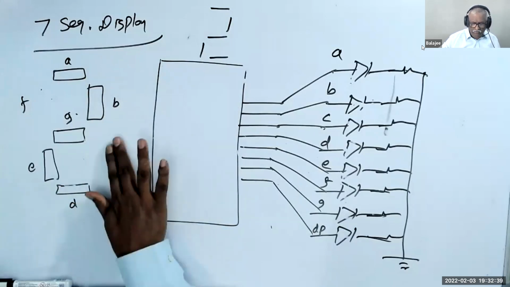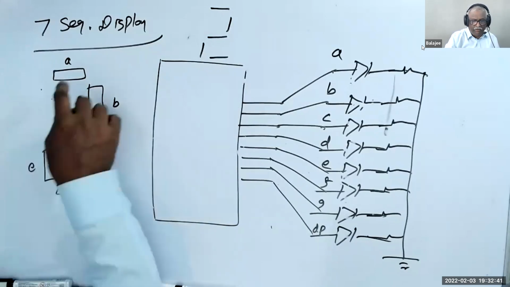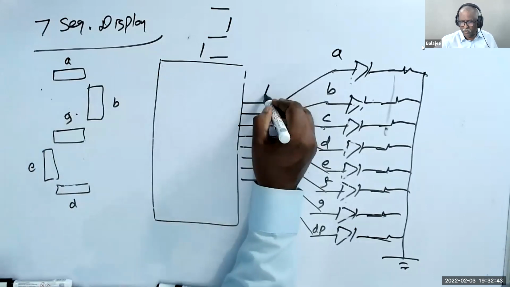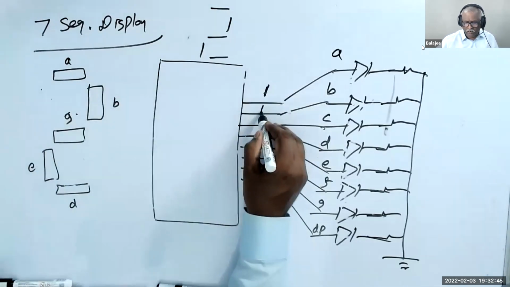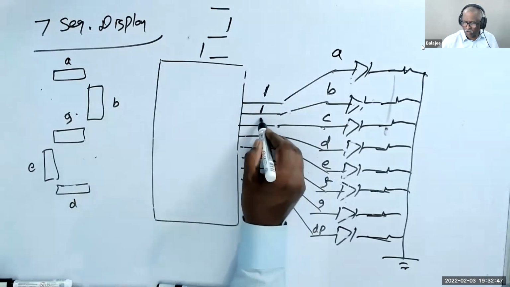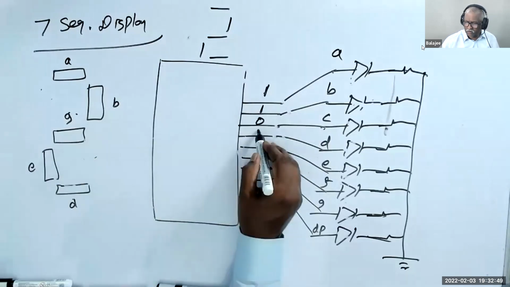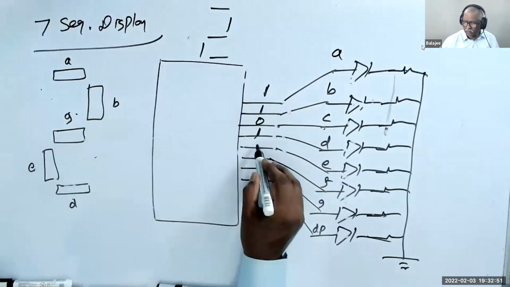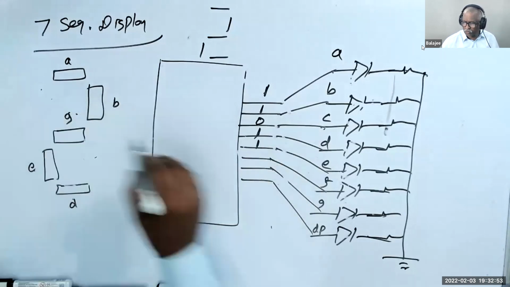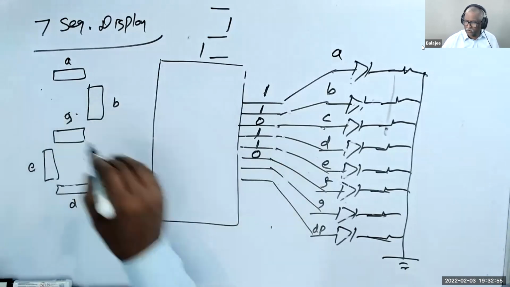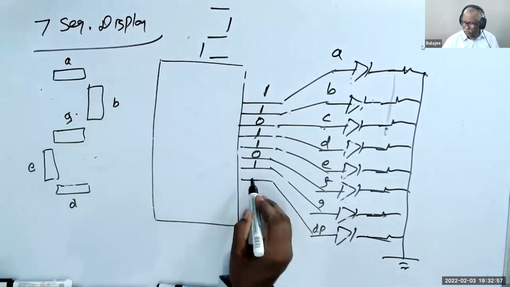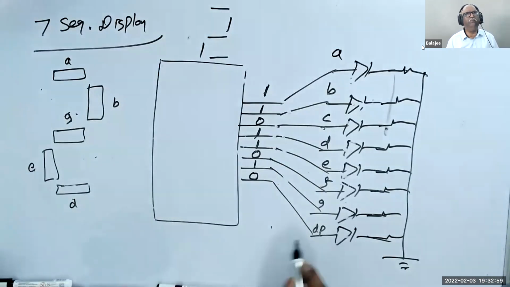What I want now, A has to be displayed. A is 1. B, yes, 1. C, no, 0. D, 1. E, 1. F, 0. G, 1. Dot 0.